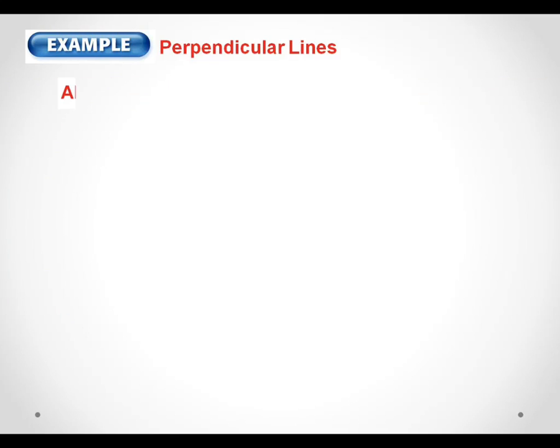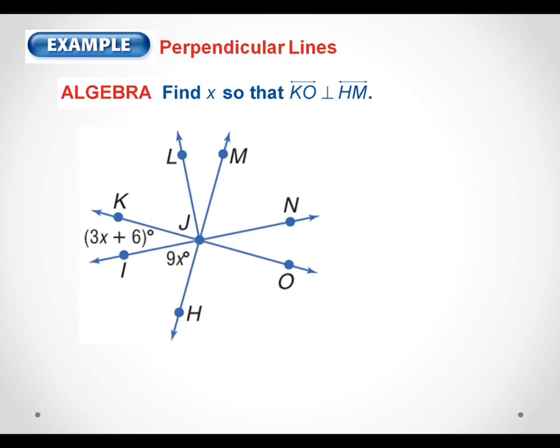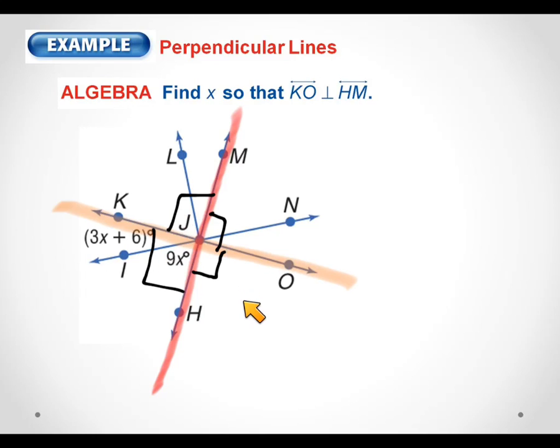Okay. So if in this figure I said line KO is perpendicular to HM, HM is this line. That means they're going to make 4 right angles, right? So I'm going to put those little squares in the corner.